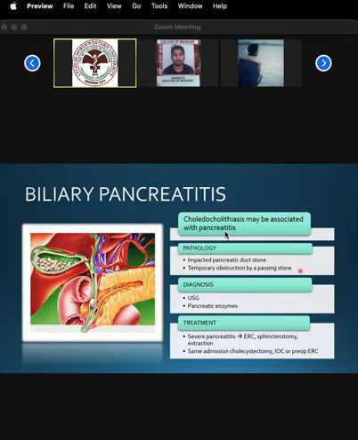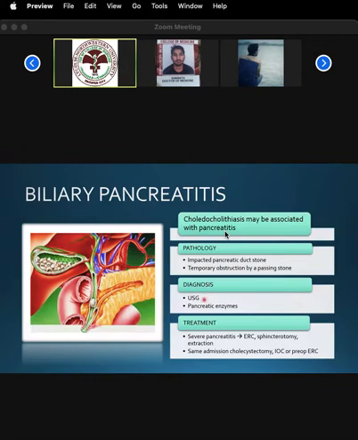Common channel syndrome, because it has been hypothesized that the temporary obstruction is caused by a passing stone that has dropped from the common bile duct into the sphincter of Oddi area, periampullary area. So the passage of the stone may cause inflammation of that area, causing temporary obstruction of the flow of the pancreatic juices. Okay?